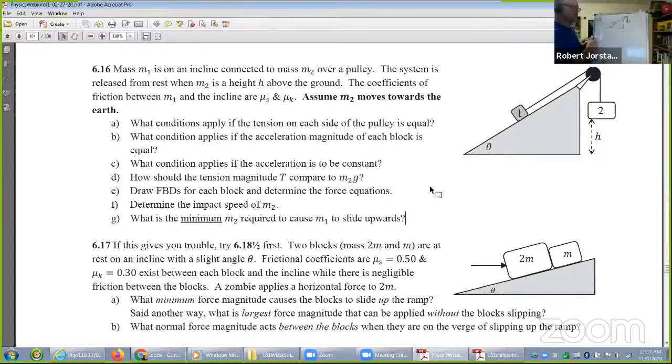So we've got mass 1. I'm just going to make a quick list of my givens here, just so I can keep track of the things that are given. Looks like mass M1 is given. M2 is given. H is given. Mu static and mu kinetic.